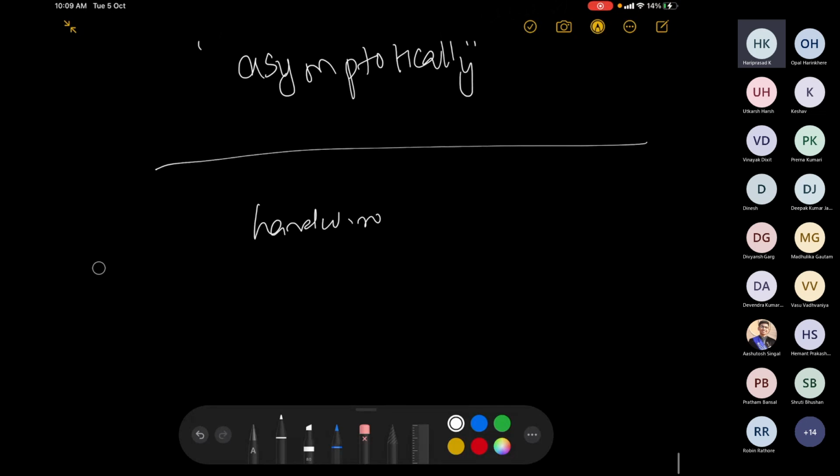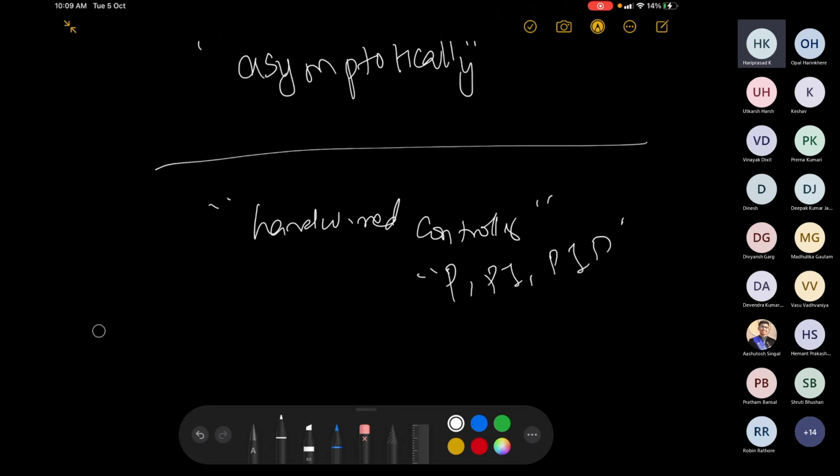For a hardwired controller, someone can even go and buy one. If you go to an electronic shop, not a typical one, but where they sell electrical devices, you can buy a P controller, PI controller, PID controller, etc., as a package.